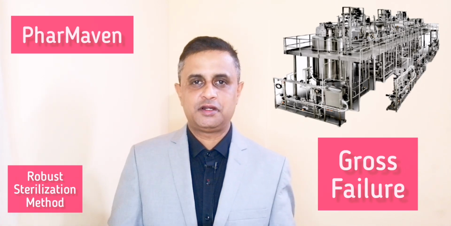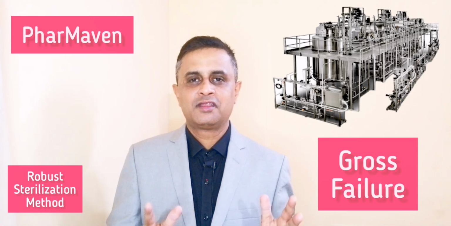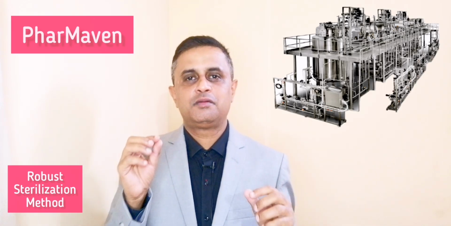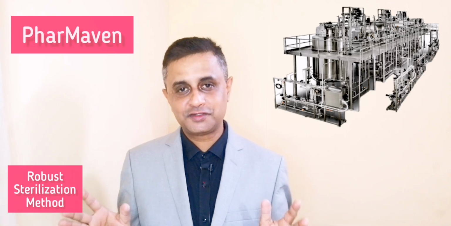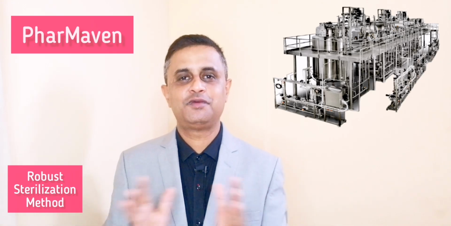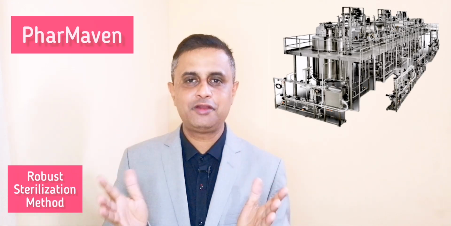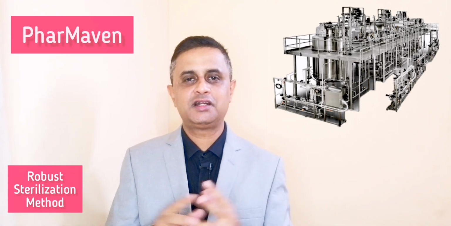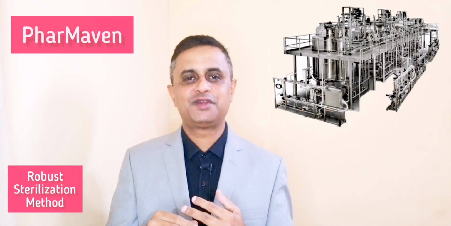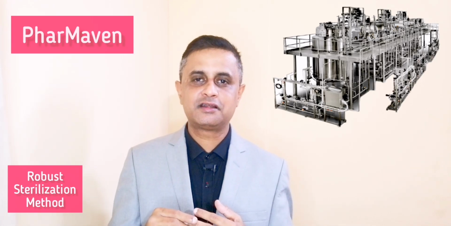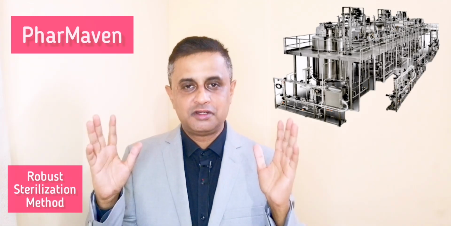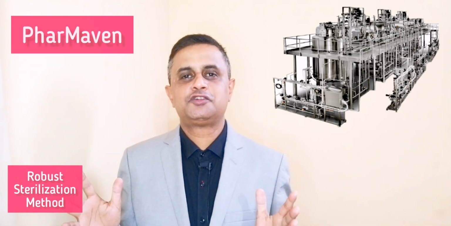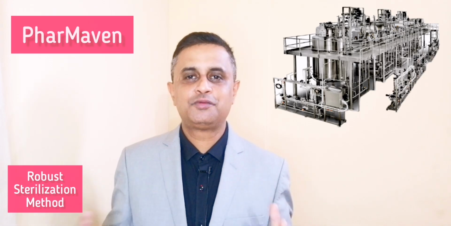So ensure that the placement of thermocouples within the SIP skid for the filtration vessels in the complex manufacturing system is properly evaluated, and that both temperature and biological indicator are meeting the acceptance criteria for that specific location. Till that assurance is done, please don't proceed for any further processing, including media fill.